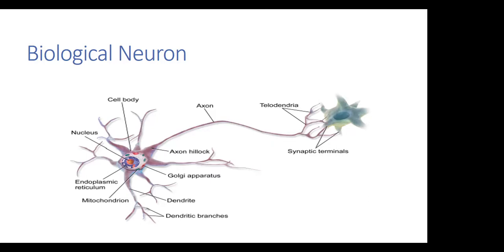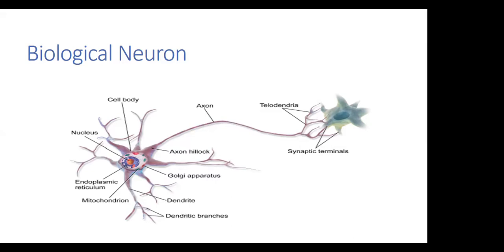other neurons. And also biological neurons produce an electrical signal, an electrical impulse, which travels through the axon, and then this signal will activate the synaptic terminals, which can produce their own signals, which are called neurotransmitters.